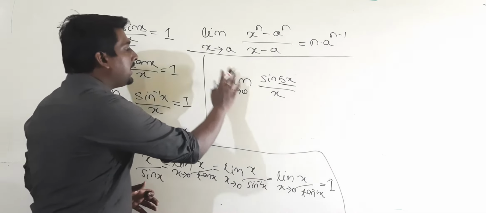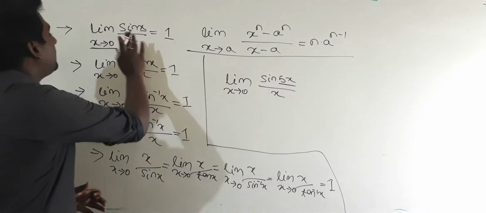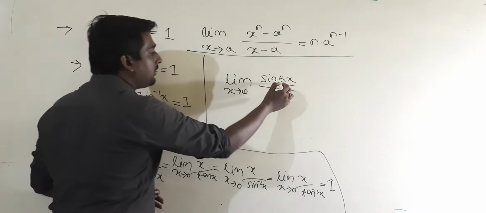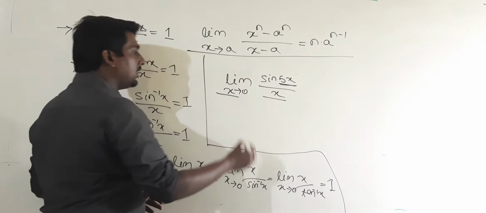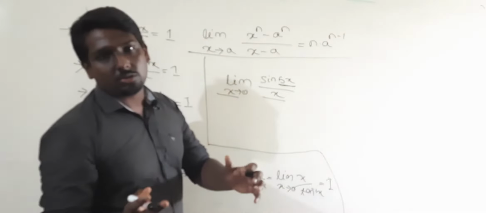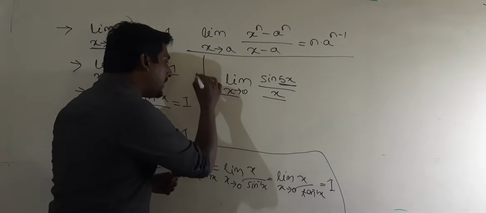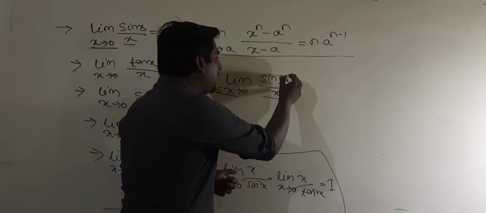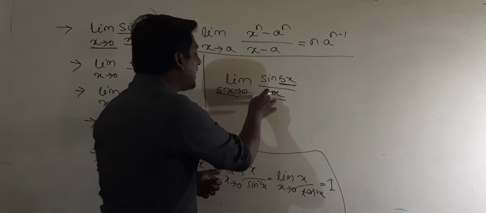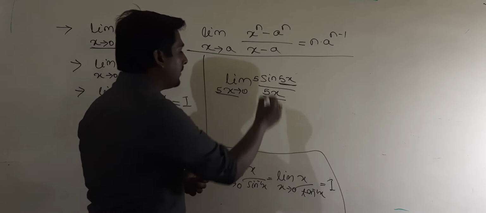In order to make it into the format of this, we have to convert the same value over here and over here. As x tends to 0, we can say 5x also tends to 0. Now, since 5x is written in the numerator, I am multiplying a 5 over here and a 5 over here.